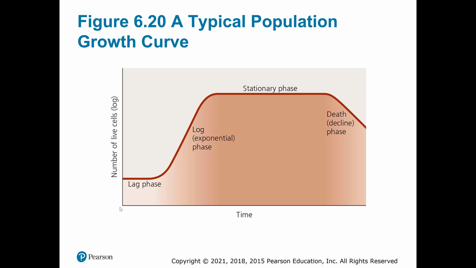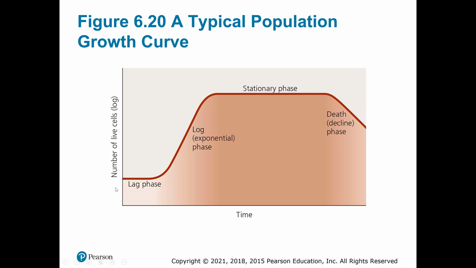You can measure over time the number of living cells in that broth, and you will see this same kind of shape of the curve. Each phase of the curve could be a different time period depending on the species of bacteria, but you will see this same general curve, and we have names for each of these phases.